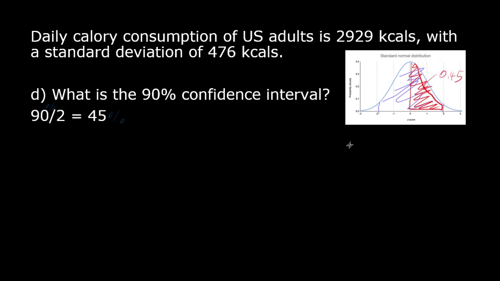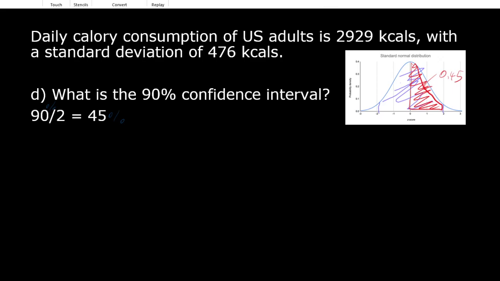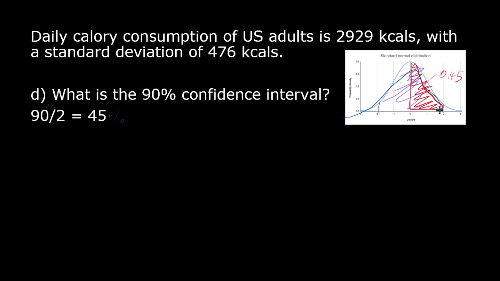And because the tables are given to you from negative infinity to that number, you should now ask, what if I had everything from the left side until here? What would this area be? For that area, you just add 0.5, because this much is 0.5. So 0.5 plus 0.45 gives you 0.95.